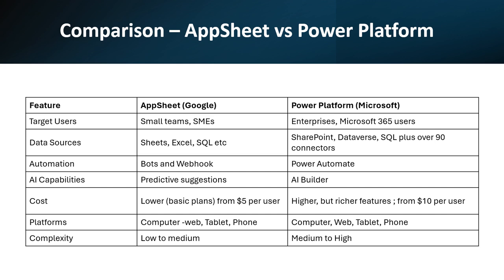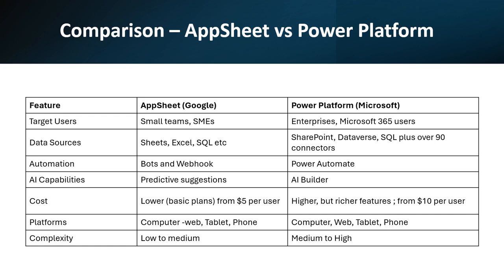So it works for small teams and SMEs. Then Power Platform is good for small up to big companies. Even large companies are using Microsoft Power Platform to enhance their processes.